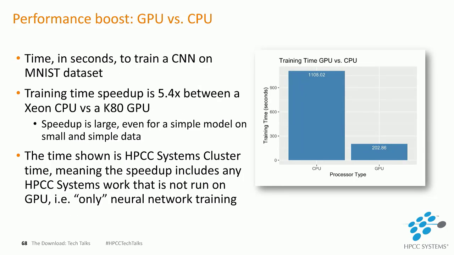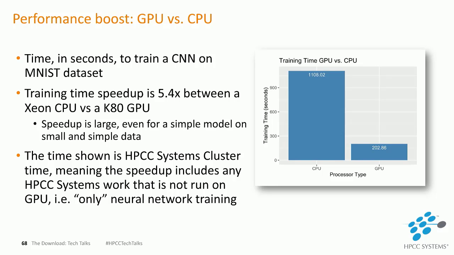So this is training a CNN on the MNIST data set between a CPU and a GPU. This was a Xeon CPU, so a pretty decent CPU, I guess, versus a K80 GPU, which is fairly outdated at this point. You can see that the total training time for the CPU took 1,108 seconds, and then on just a single GPU, it took 202 seconds.